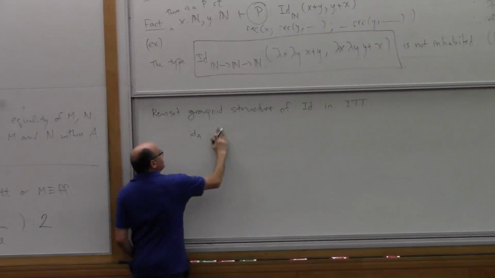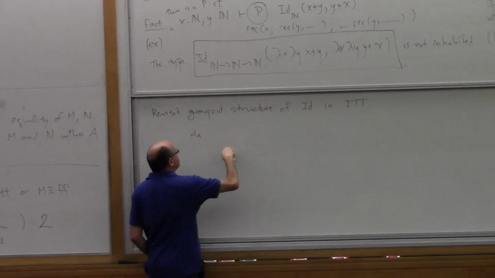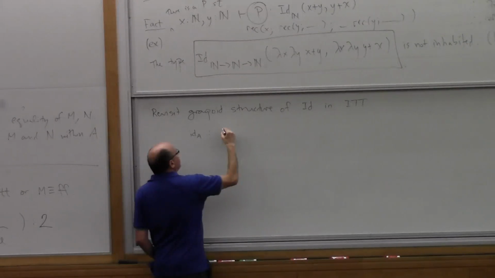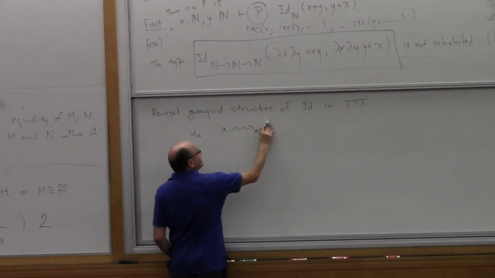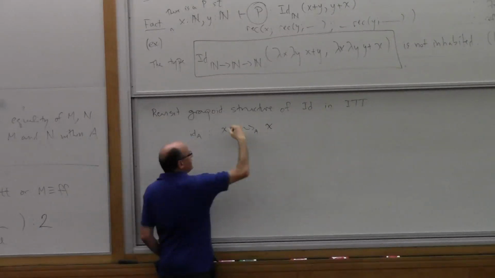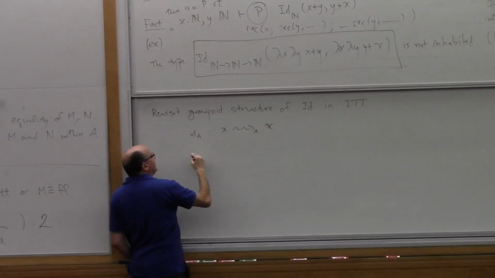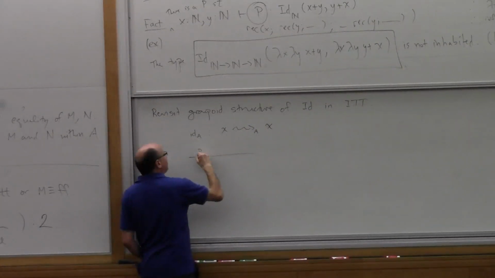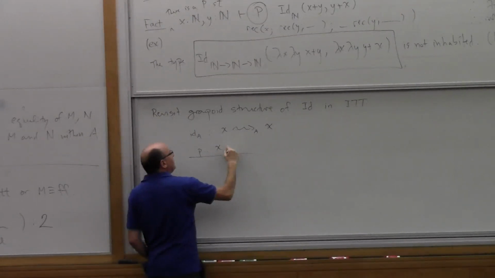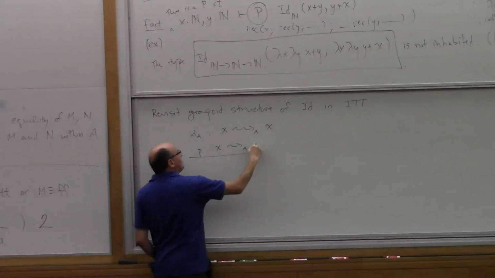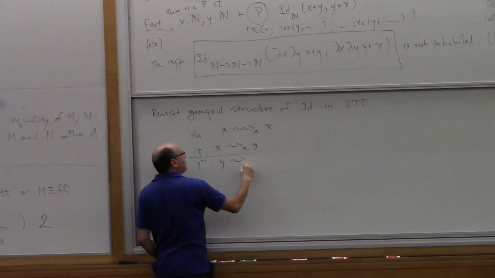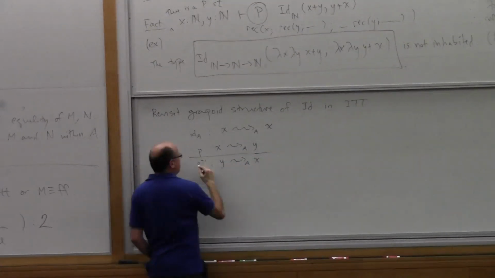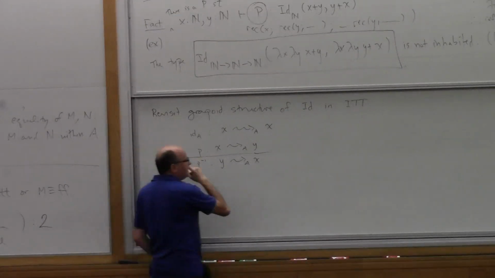We can think of that as being a path in A from X to X. Or you could write that as a self-loop. And we say if you have a path in A from X to Y, then its converse, if you will, is a path in A from Y to X. So you were able to define that.